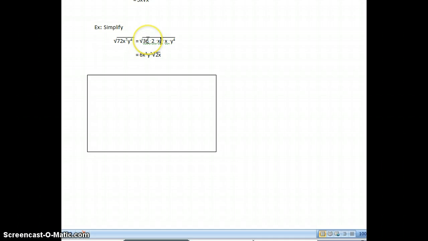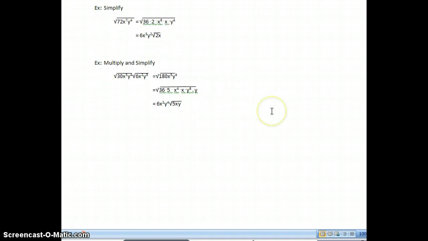The square root of 36 is 6. The square root of x to the 6th is x to the 3rd. The square root of y to the 4th is y to the 2nd. What's left under the radical is 2 and x. So my answer is 6x to the 3rd, y to the 2nd, square root of 2x.